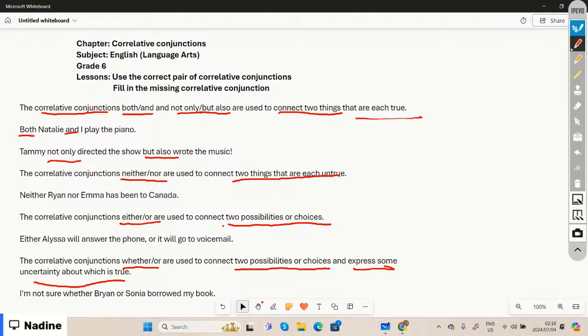If we look at an example, it says, I'm not sure whether Brian or Sonia borrowed my book. Whether or. And that is our correlative conjunctions. Once again, correlative conjunctions show pairs that are connected.